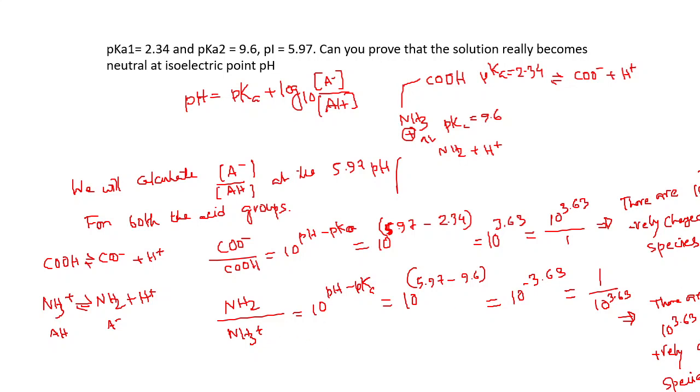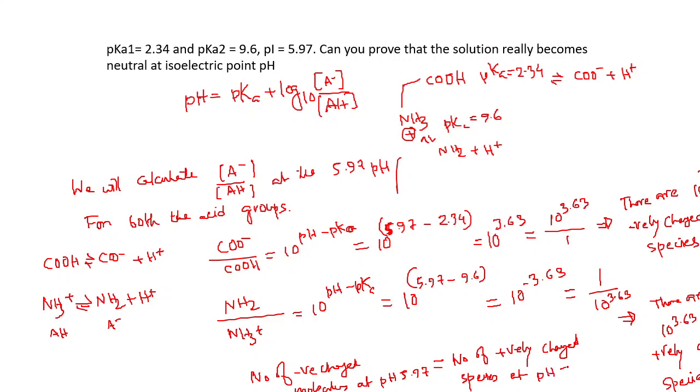So the number of negatively charged molecules or species at pH 5.97 is the same as the number of positively charged molecules or species at pH 5.97, which overall implies that the solution is neutral.